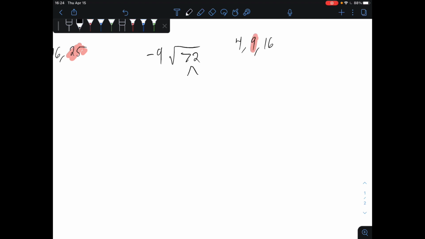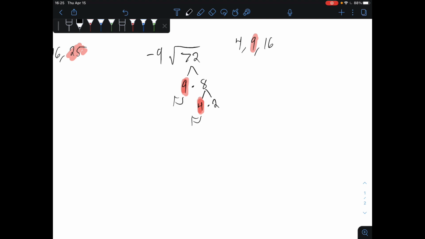So if we separate 72 into 9 times, well, 9 times what equals 72? 9 times 8. And then we can separate this even further into 4 times 2. Well, we have two perfect squares here. We have 9 and we have 4. So that means our 9 and 4 can come out from underneath the radical.